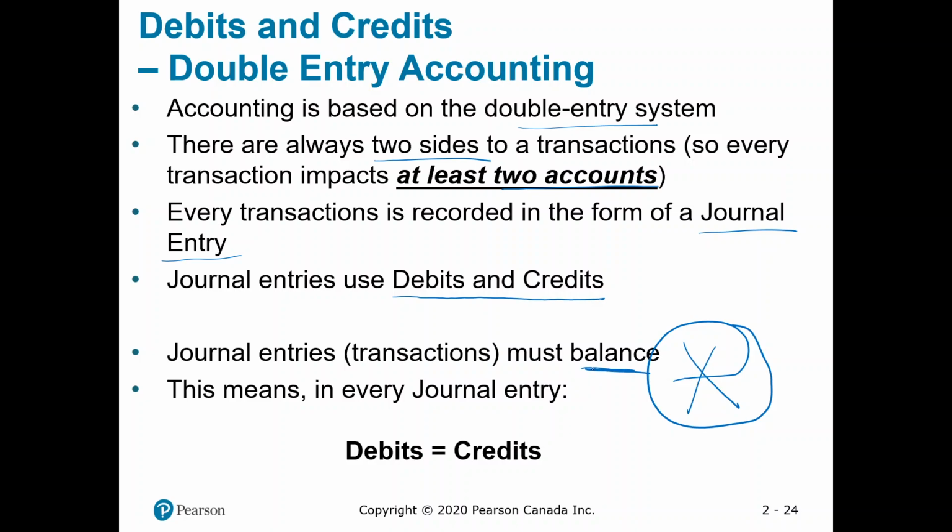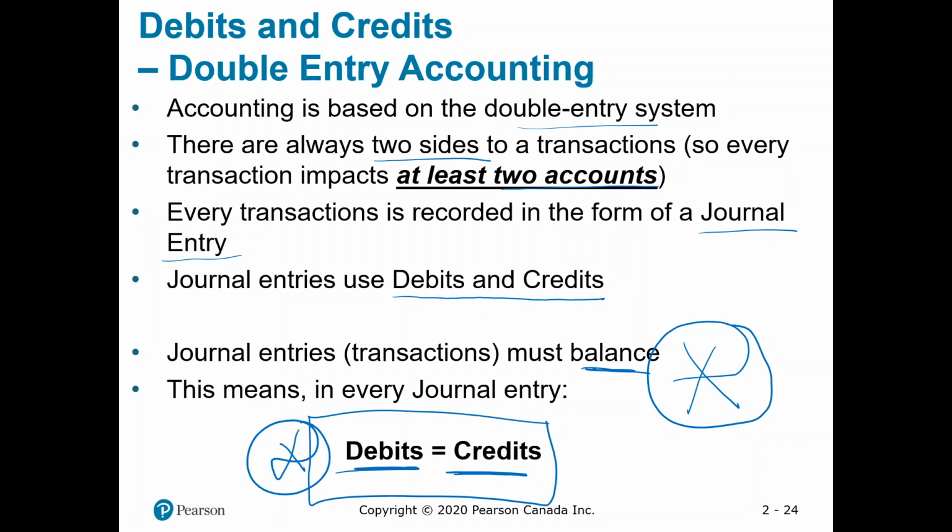Like the video said, balance all of your transactions. And this means that our debits must equal our credits. So this is a big star for you guys, something you can't forget when you're doing a journal entry. Debits must equal credits.